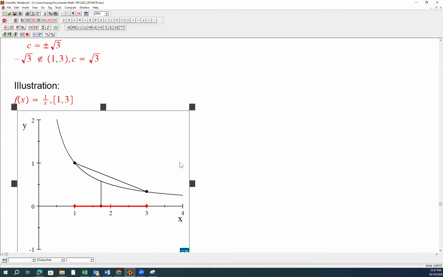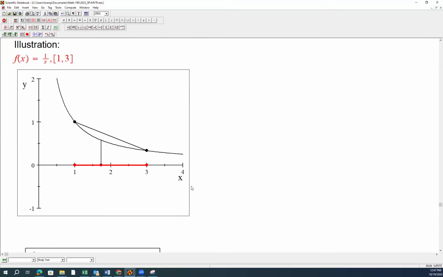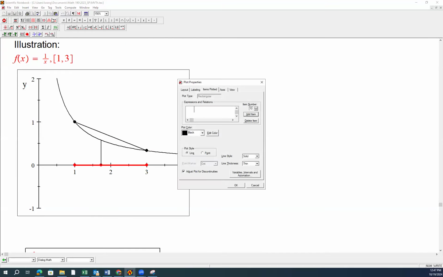So never mind, let me do this. So this is C. Where did I go? Okay, so this is C. f of C is 1 over C.